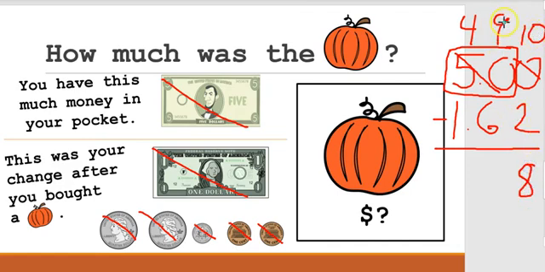And 9 minus 6 is 3. And 4 minus 1 is 3, and you bring down the decimal point. I got $3.38 for the cost of that pumpkin.